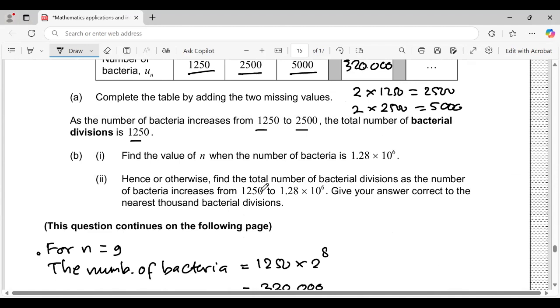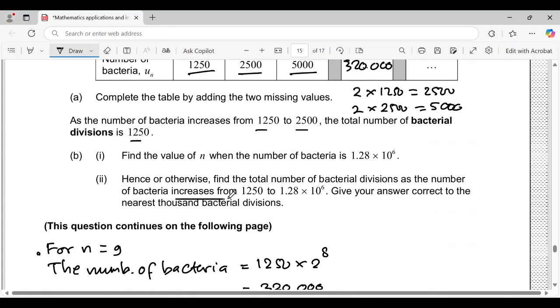Hence or otherwise find the total number of bacterial divisions as the number of bacteria increases from 1,250 to 1.28 times 10 to the power 6. Give your answer correct to the nearest 1,000 bacterial divisions. Okay.